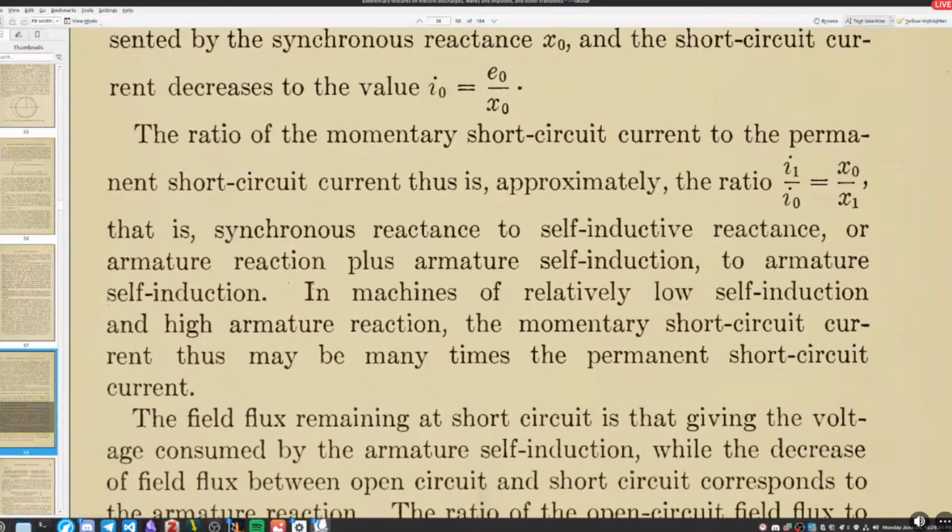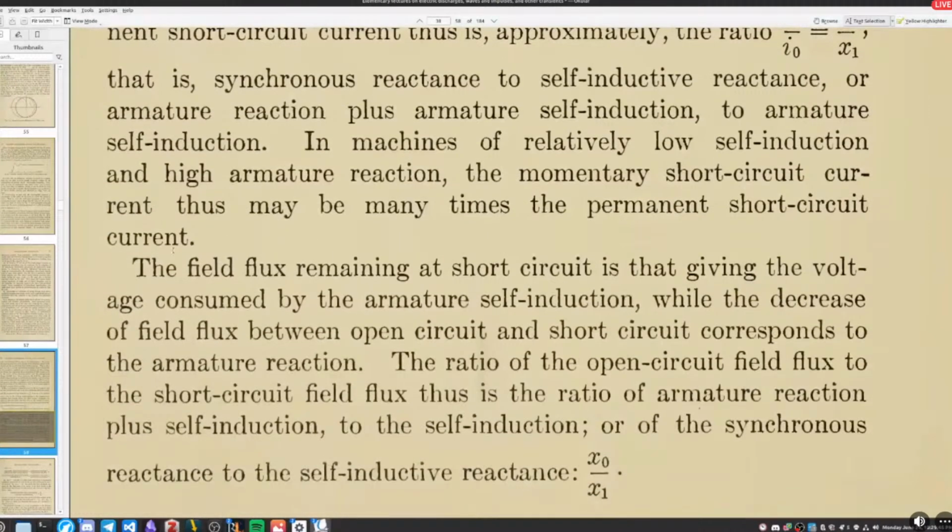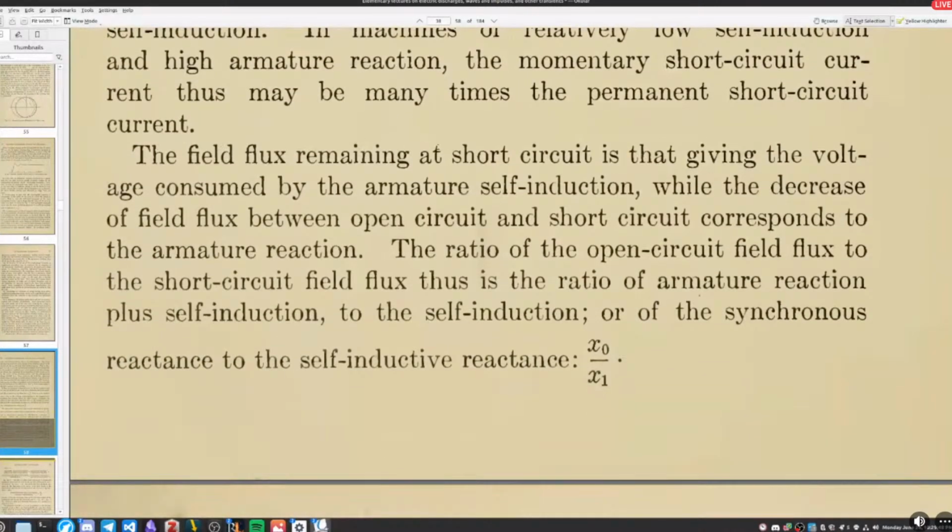Naturally, in machines of relatively low self-induction and high armature reaction, the momentary short circuit current thus may be many times the permanent short circuit current. The field flux remaining at short circuit is that giving the voltage consumed by the armature self-induction, while the decrease in the field flux between the open circuit and the short circuit corresponds to the armature reaction.